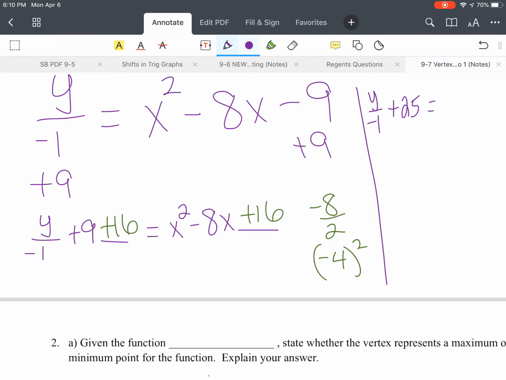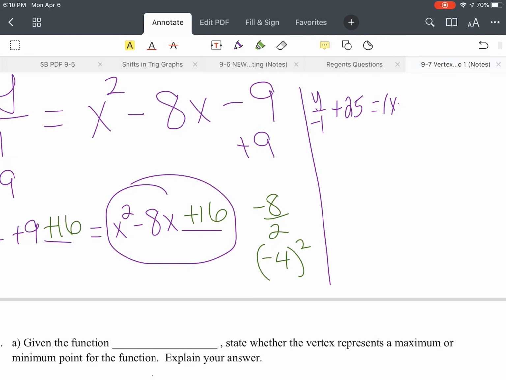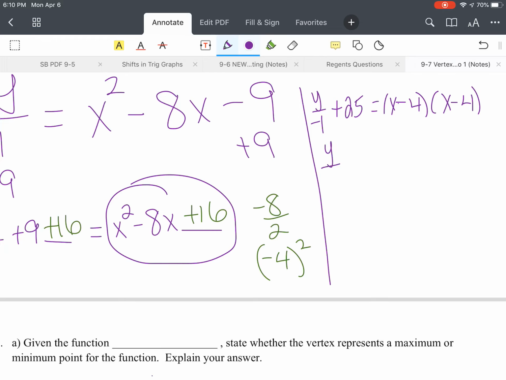And then on the right, we need to factor x squared minus 8x plus 16. It's going to factor to be x minus 4, x minus 4. So we know that we can rewrite that as x minus 4 squared. Now, just like we've been doing, let's bring the 25 over.